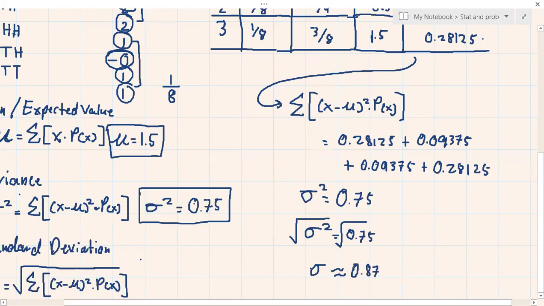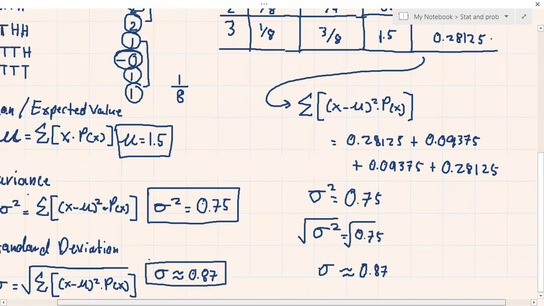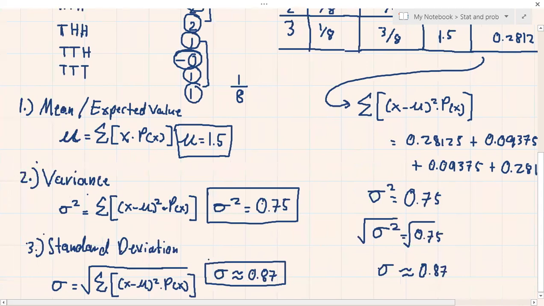Naka-rounded off to by 100. So, the square root of 0.75 is approximately 0.87. At yan yung standard deviation mo. The standard deviation is 0.87. And we're done. Yay, we're done. Tapos na tayo. So we found the mean or the expected value, the variance, and the standard deviation.